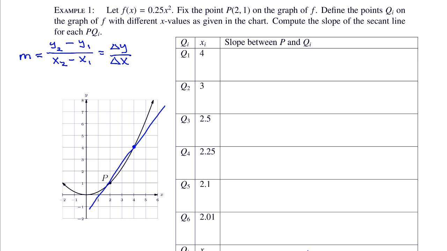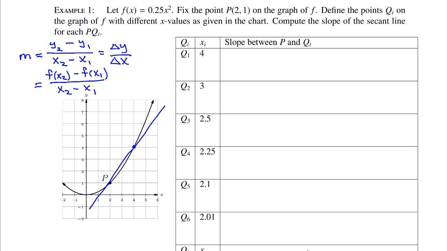Delta y is the change in the y's, delta x is the change in the x's. The other way to express this is if you have a function, then y2 becomes the function value at the given x point. So if I'm still using x2 and x1, then this is f of x2 minus f of x1.